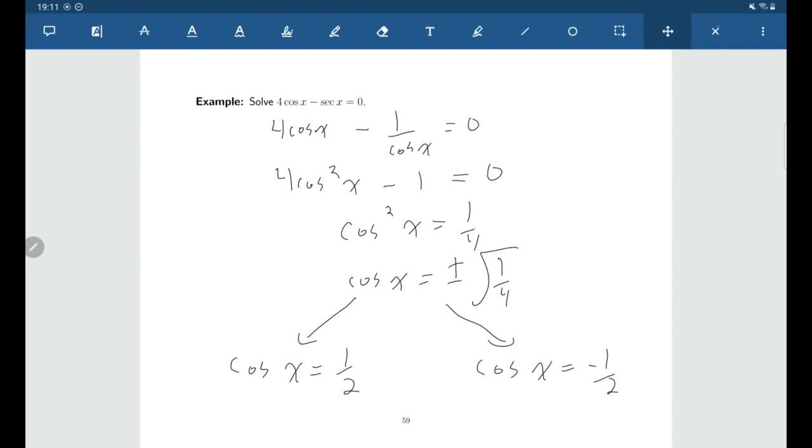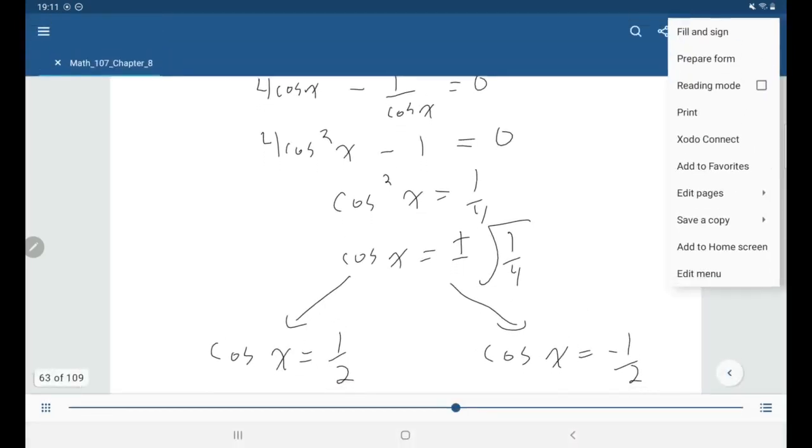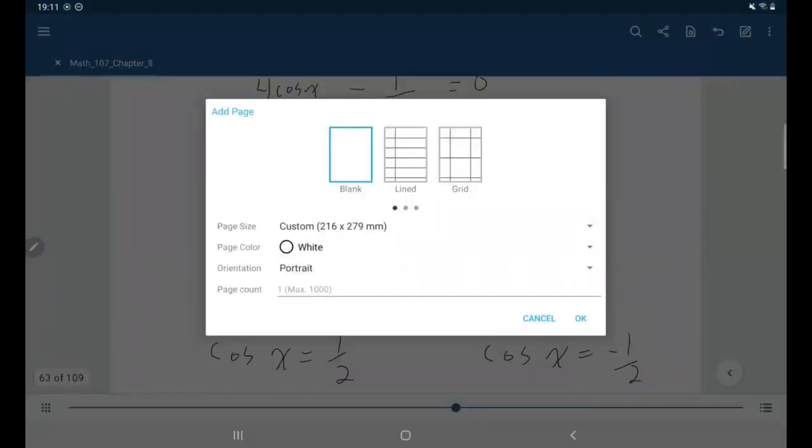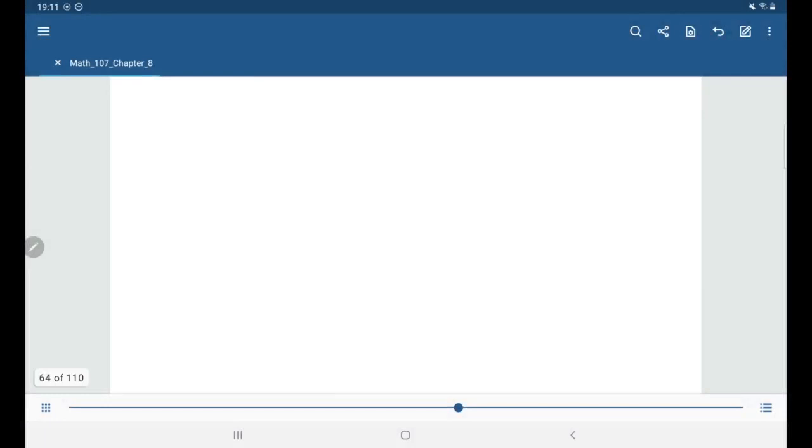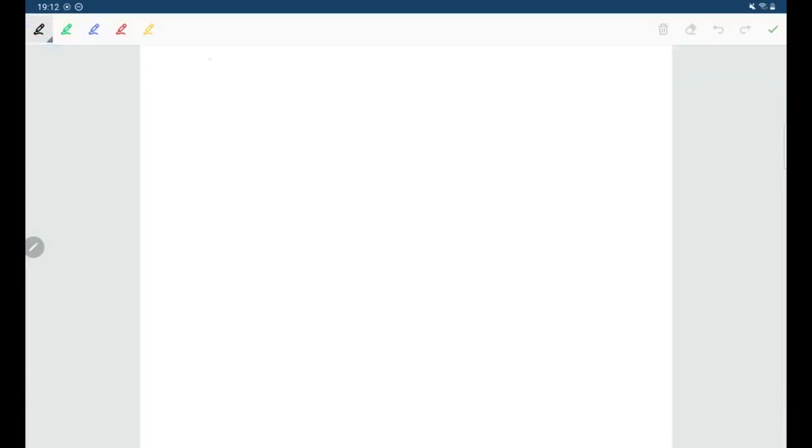Now, same thing as always, you're going to be wanting to think in terms of your special triangle here. We know that there definitely is a place where cosine of x is equal to a half. If you're thinking about that, that would be cosine inverse of a half. And using your special triangle, you can find out that that happens to be at pi over 3.